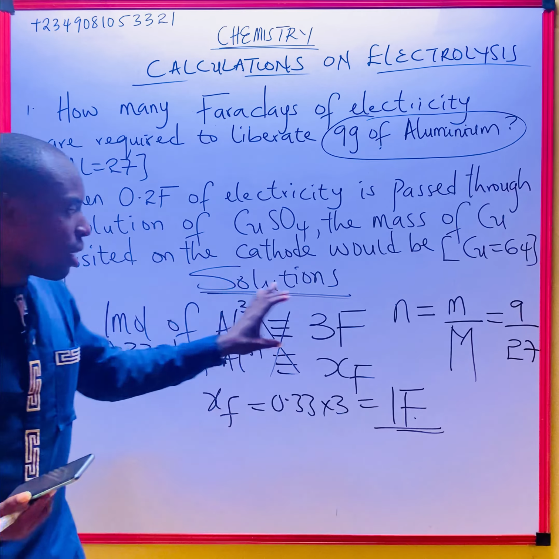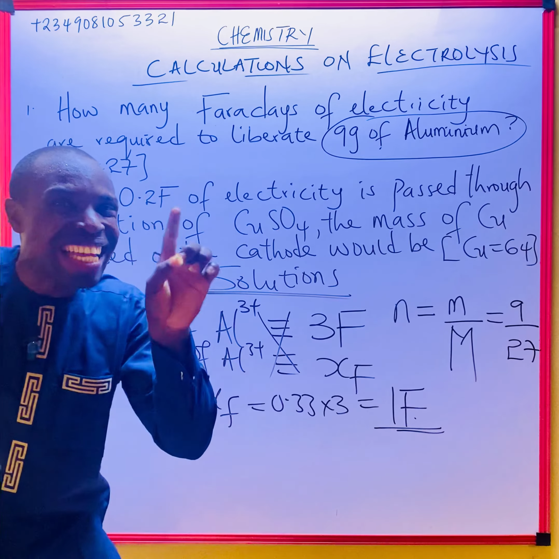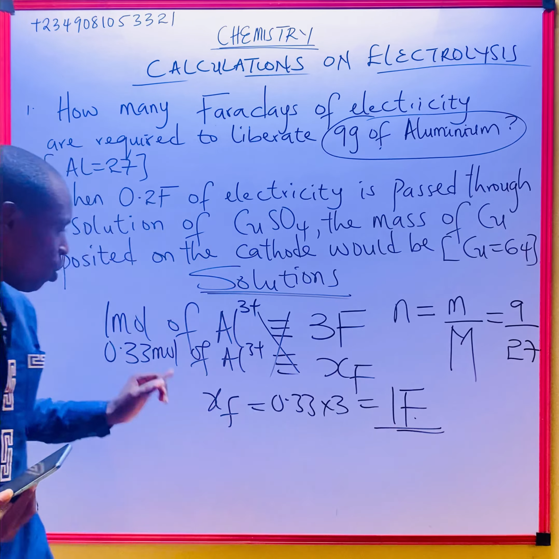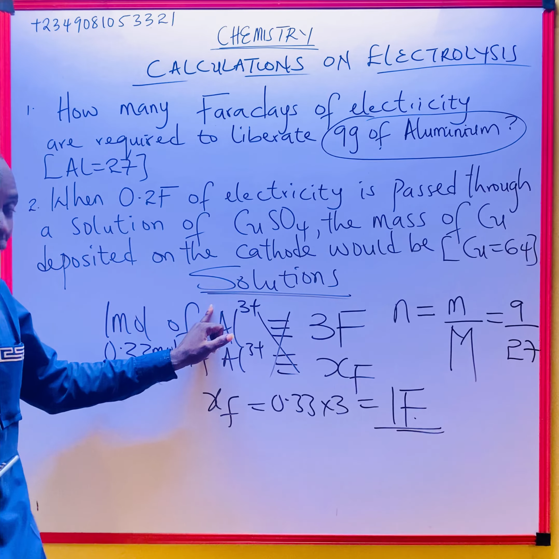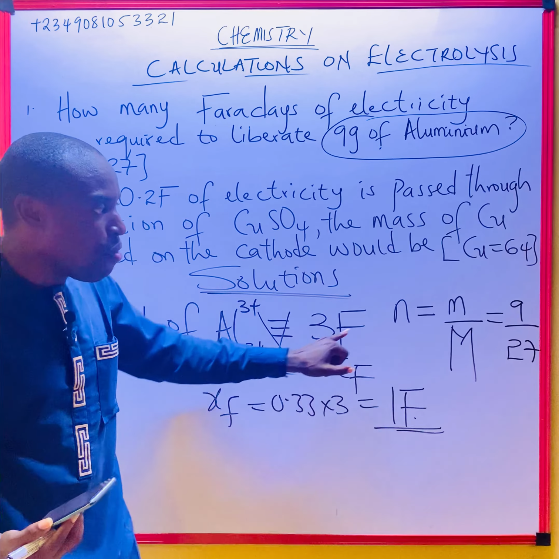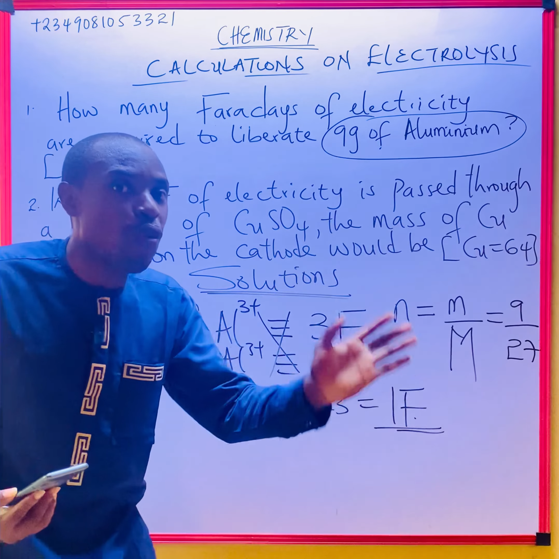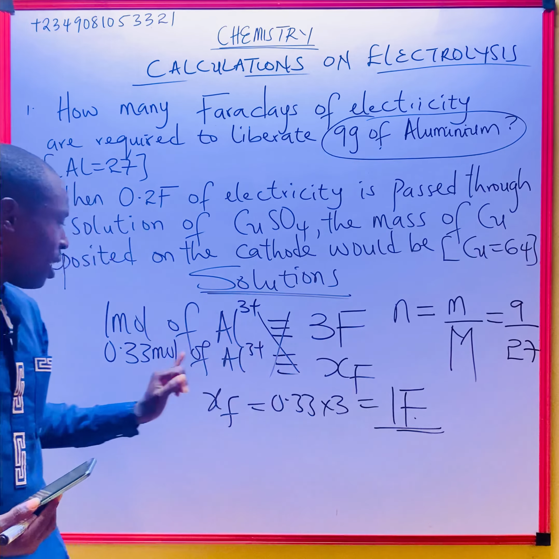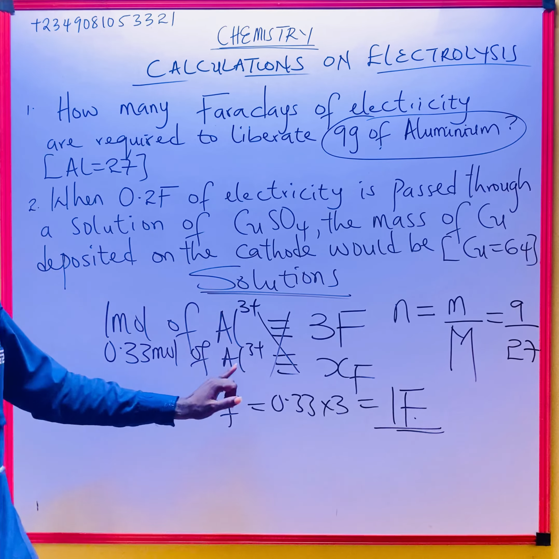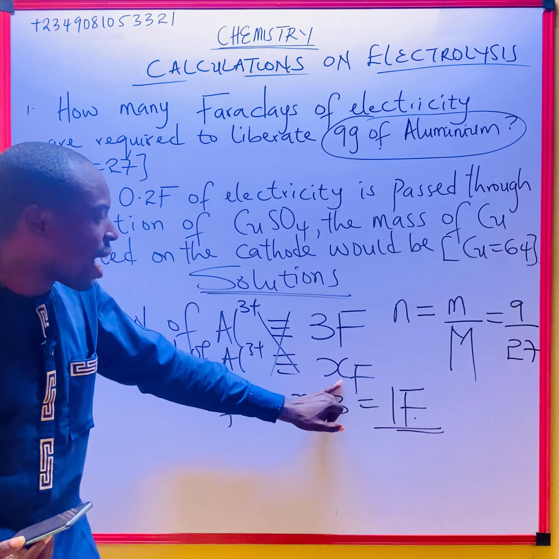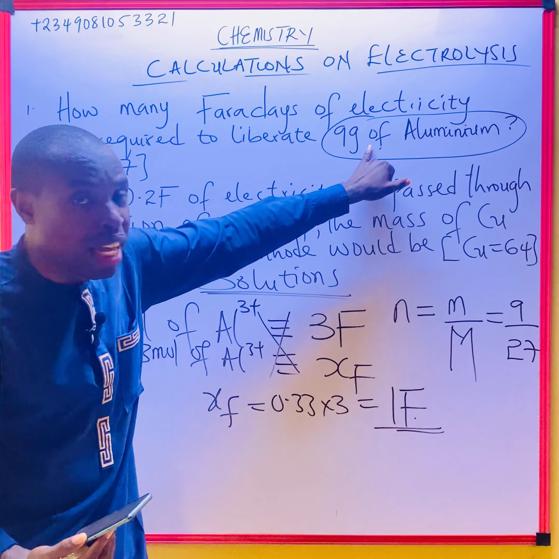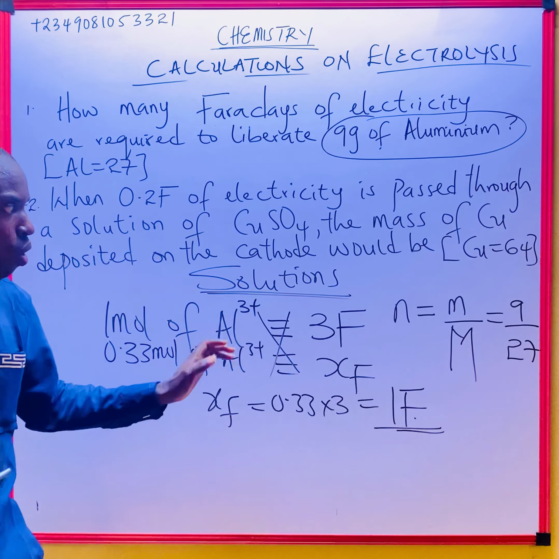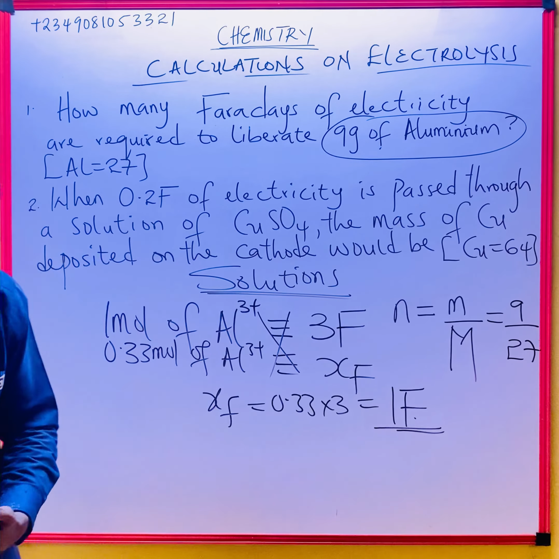We got this statement from the first analysis I gave, that 1 mole of aluminium ion is equivalent to 3 farad, which is 3 moles of electrons. Then 0.33 mole of aluminium ion will be equal to what farad? Remember, we converted the grams here to become the mole here. That is all. So we can move to the next question.